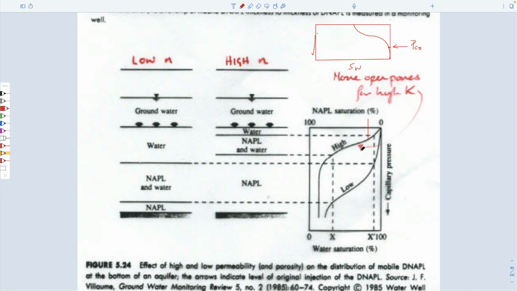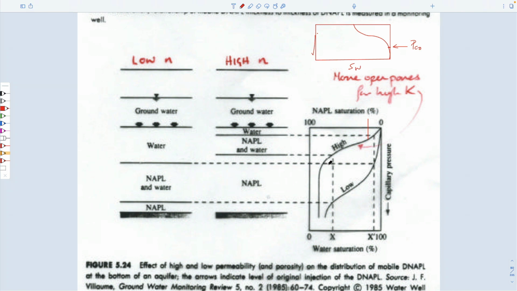So we'd expect that if we try and translate these capillary pressure curves onto this template, if it's high permeability, it would be kind of squashed upwards, and if it's low permeability, it would be stretched downwards. And then that really speaks to us in terms of what we expect the saturations to be.